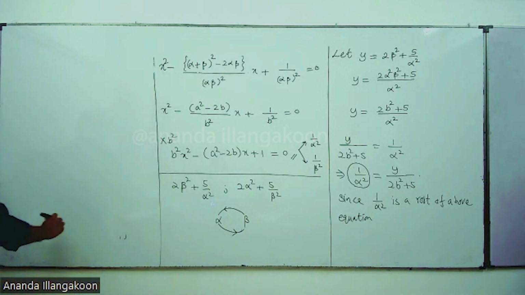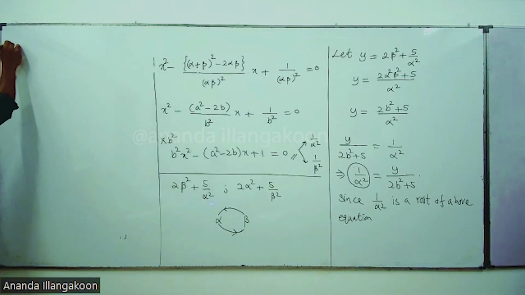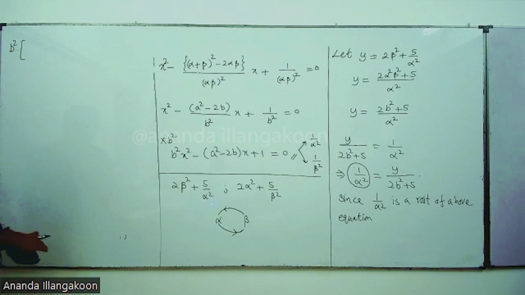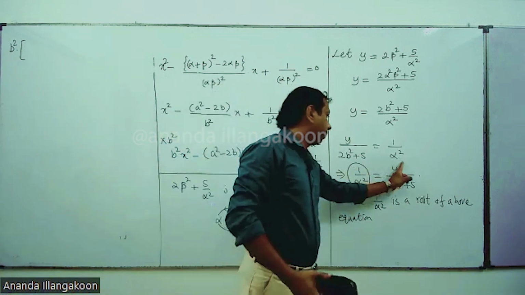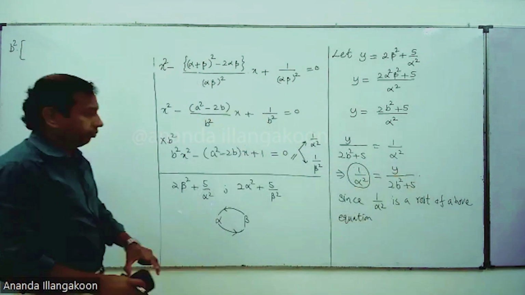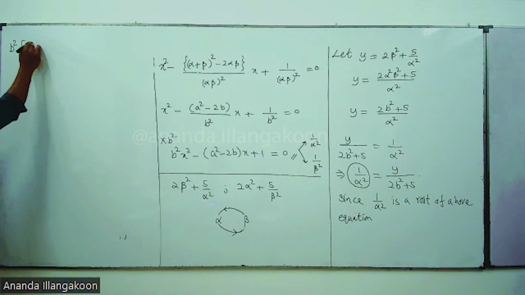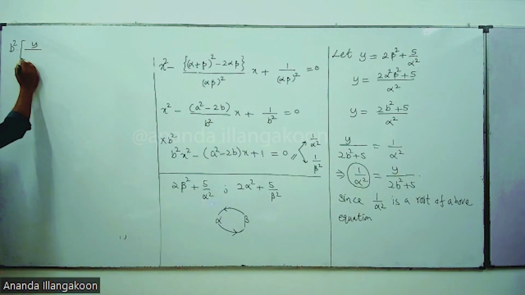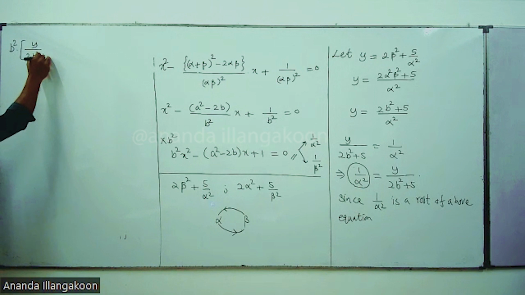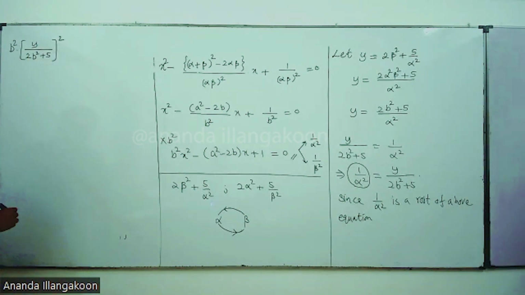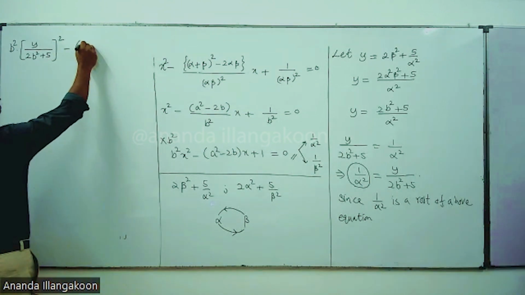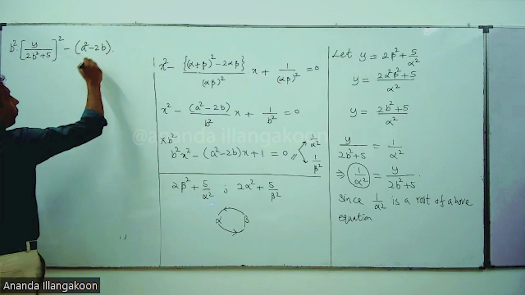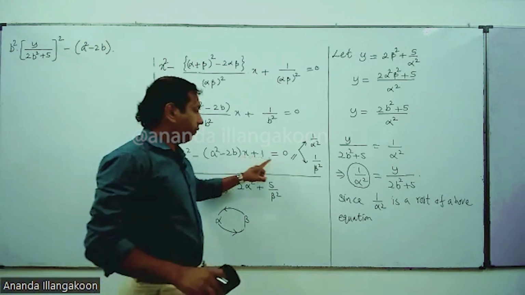Then u squared. For this x, I have to substitute what? This part: y upon 2b squared plus 5 for x squared minus b squared minus 2bx is this y over this.